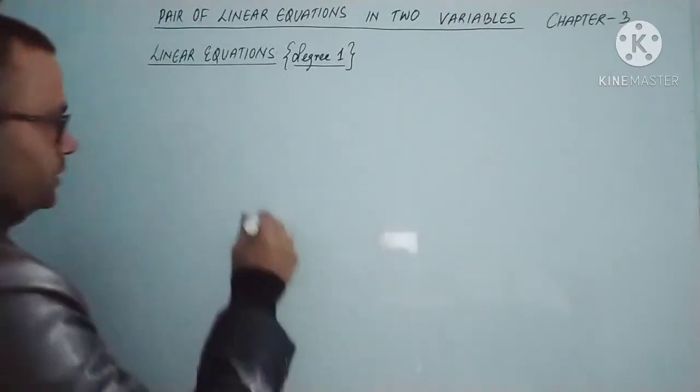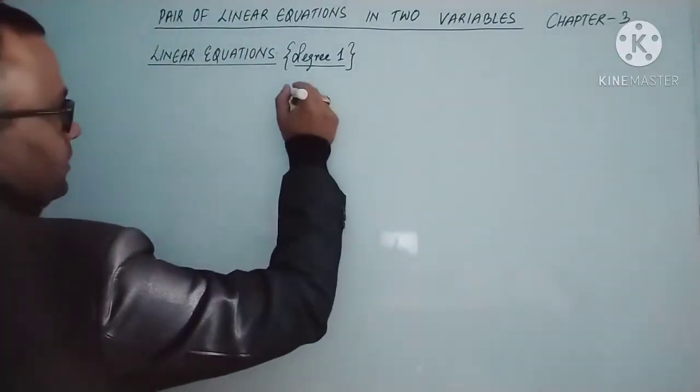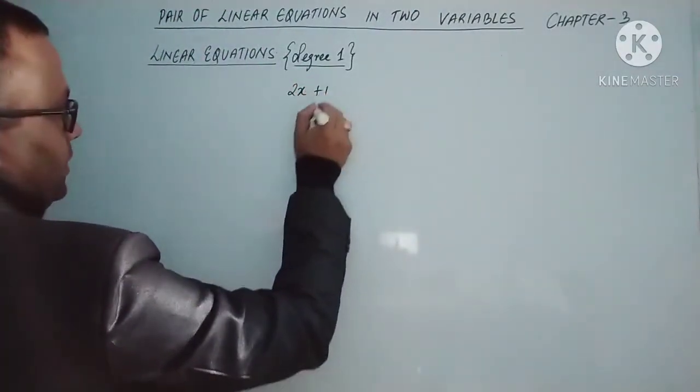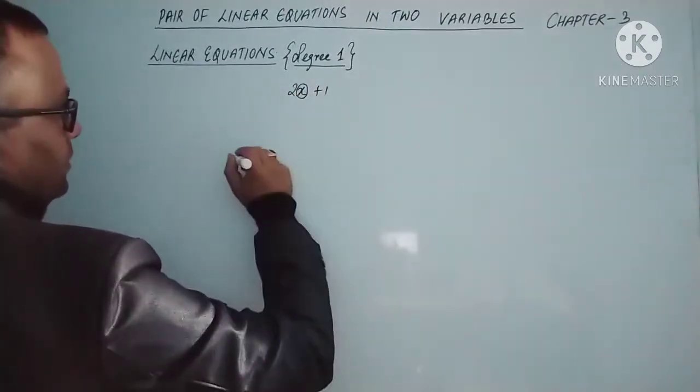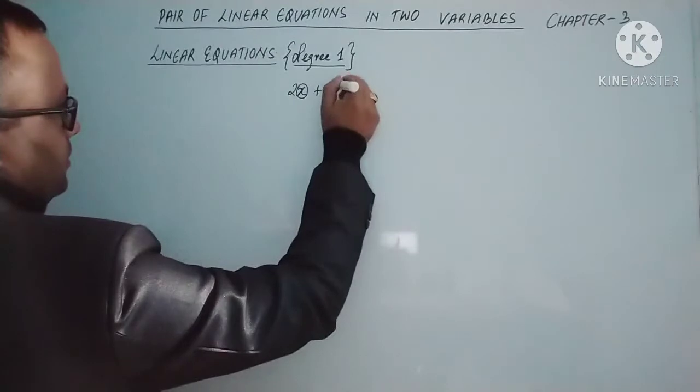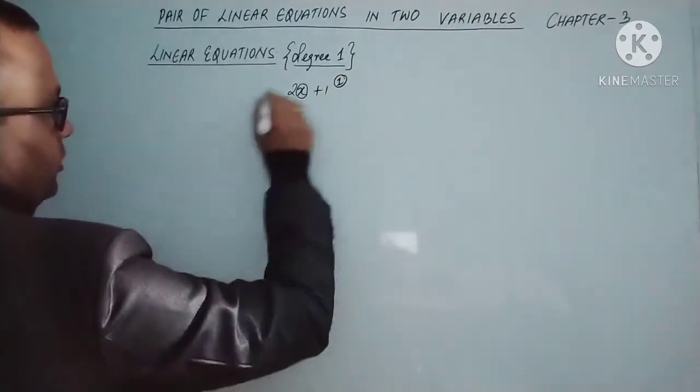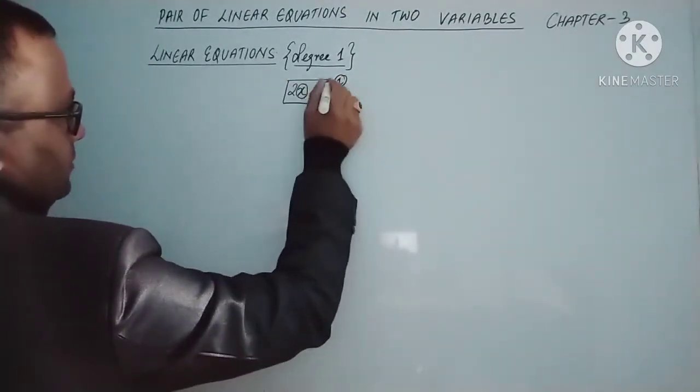For example, 2x plus 1: this has a variable with degree 1, the power is 1, so it is a linear equation.